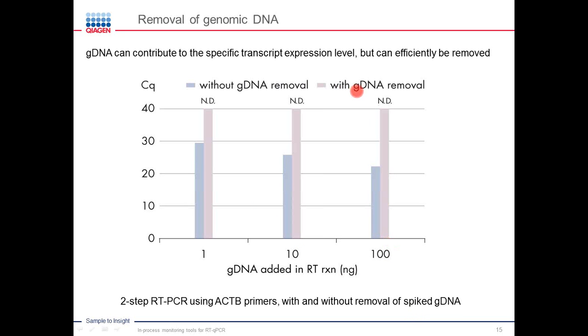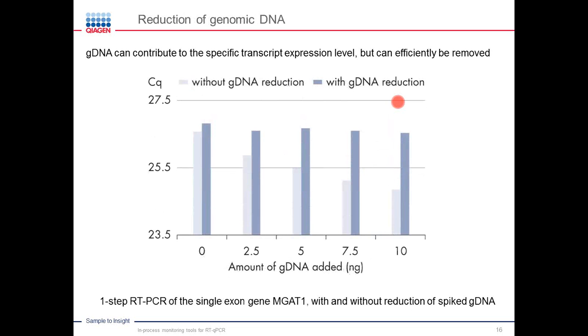And by including a genomic DNA removal, which is indicated by the pink bars, we can eradicate this signal completely. So ND means not detected anymore. That basically means the variable being incurred by gDNA carryover can be completely removed by gDNA removal in an integrated step, which we have included in our kits.